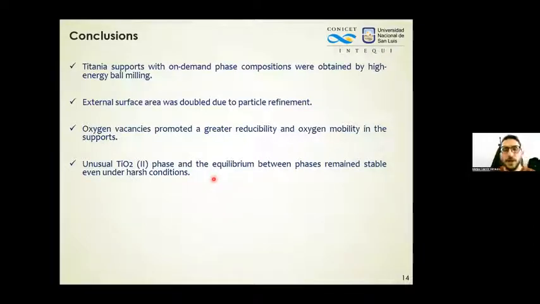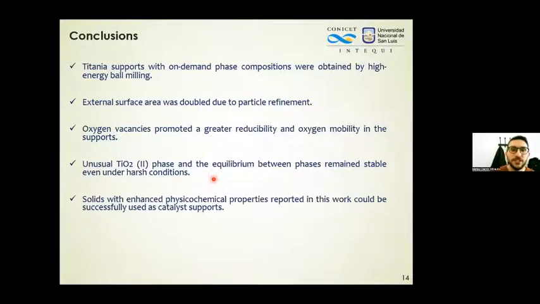In fact, we performed some oxidation studies to see if this composition remains stable even under high pressures and in aqueous media. They remain stable even under high pressure of oxygen.